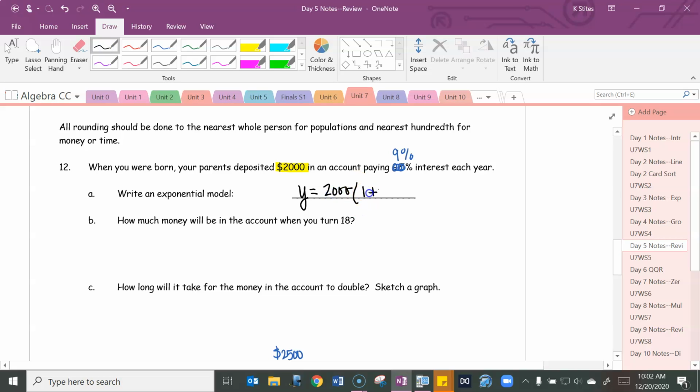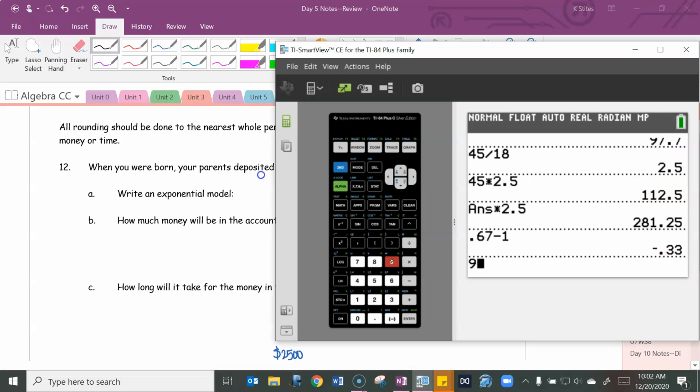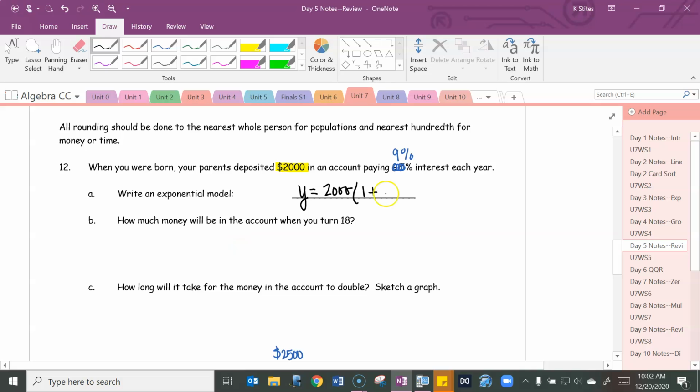I have 1 plus 9%, which, make sure you divide by 100, is 0.09. And then don't forget your to the t power. If you want to go ahead and combine those, you can. 1.09 to the t power.